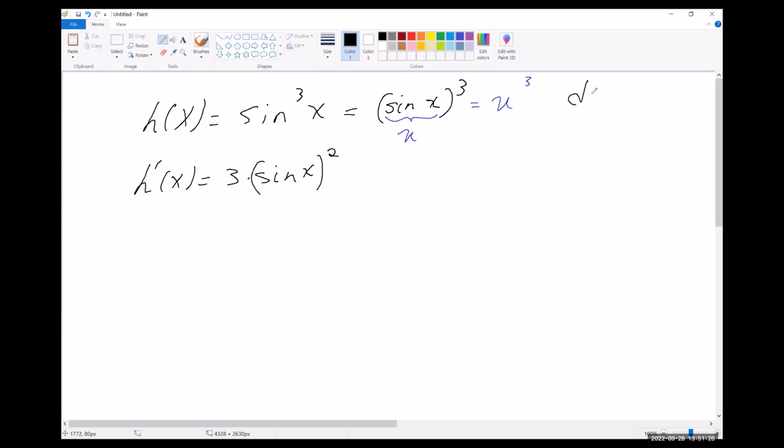And then I have to take the derivative of the sine of x. So du dx, in other words, the derivative of the sine of x with respect to x, that's cosine of x. So that's what goes next. So times the cosine of x.